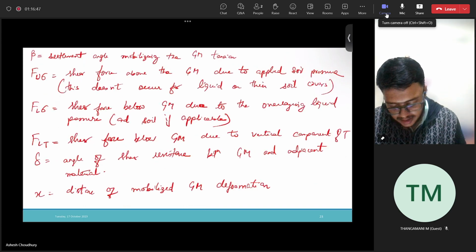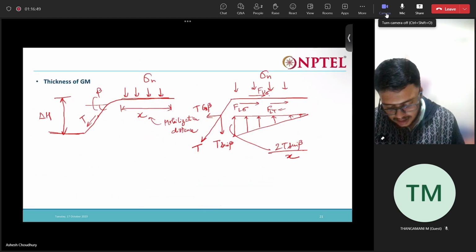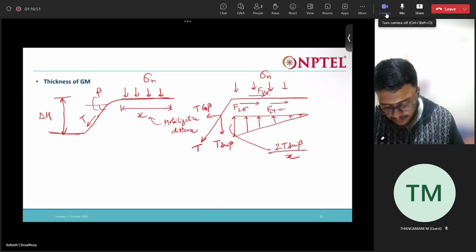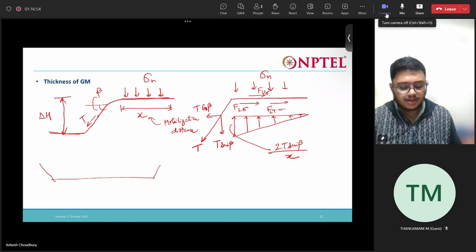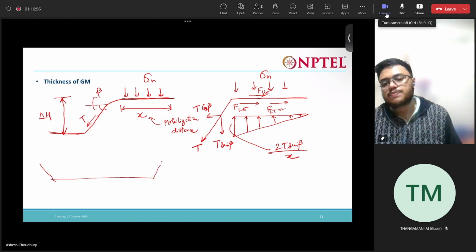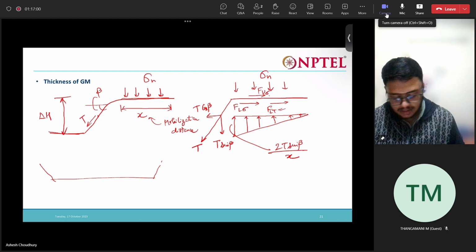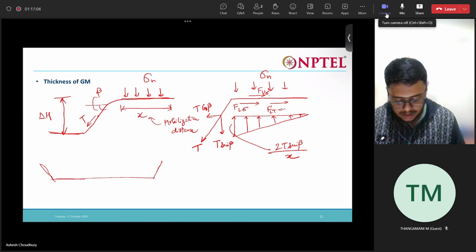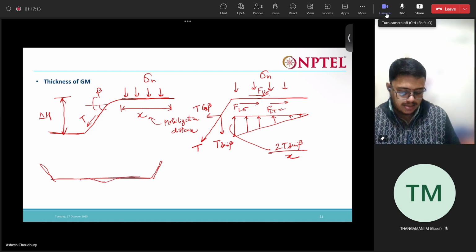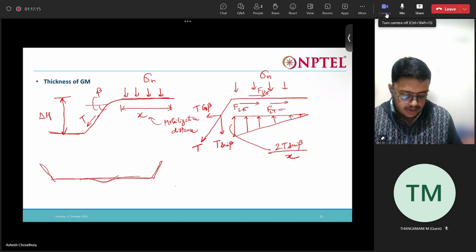So generally, we say we have made a pond lined for storing liquid. We have built this reservoir for storing liquid, and we have lined this reservoir with geomembrane. Now what happens if, for some reason, there is some settlement in this region? Initially it was like this.